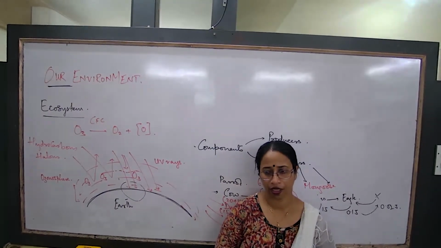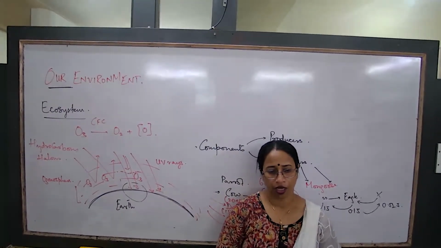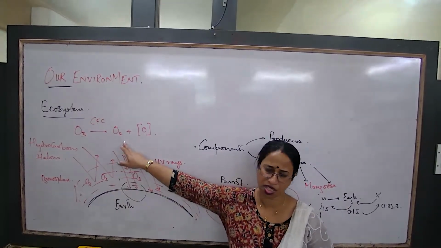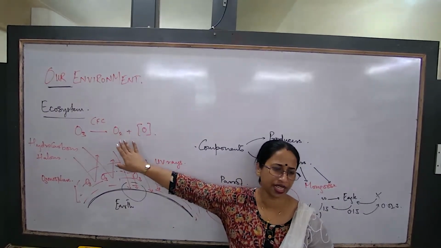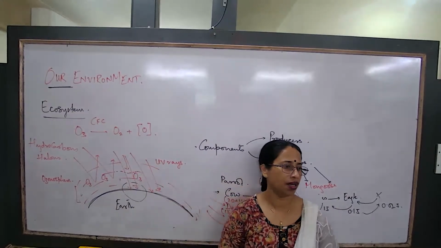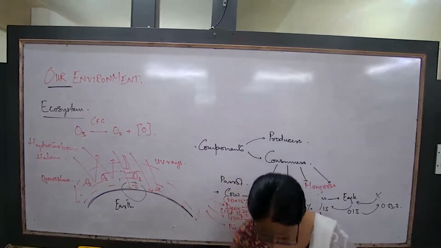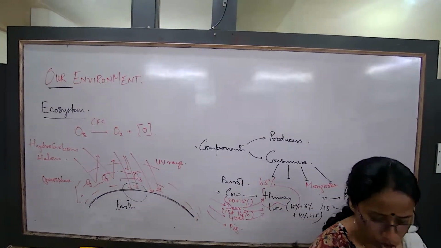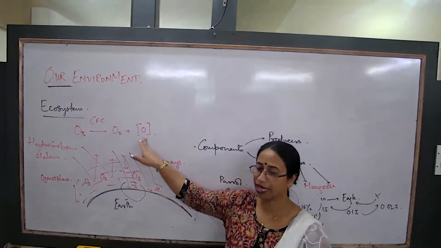CFC, just you will have to write down this. This is not a well-balanced equation. This is a basic chemical equation where you are showing that CFC can break down the ozone to nascent oxygen.